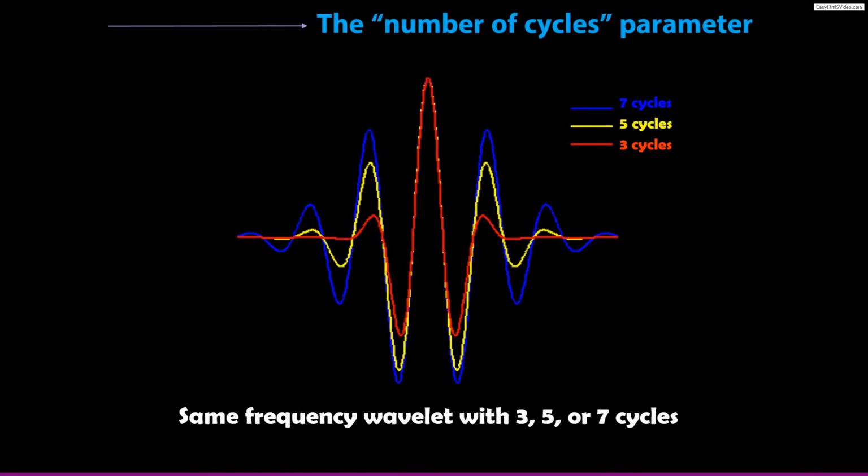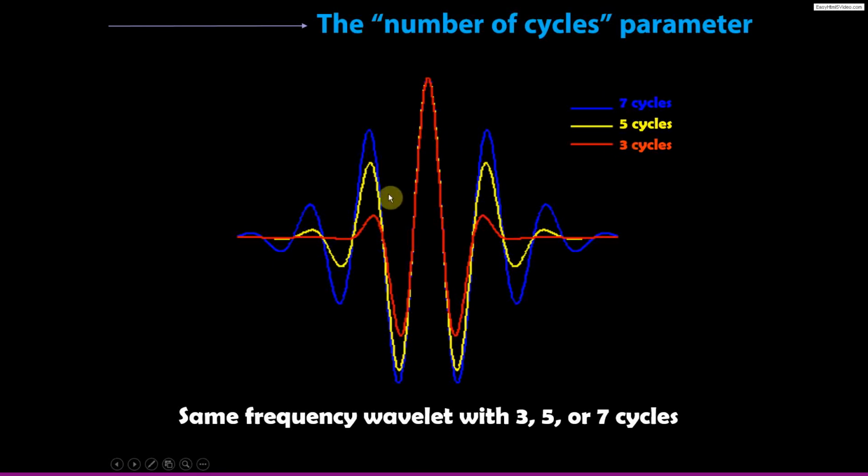To think about how the number of cycles affects the temporal precision of the results, it's useful to think about wavelet convolution in the time domain. At each step in the time domain, we have the EEG data lined up here with these wavelets. Now think about computing the dot product, and let's just think about the 3-cycle versus the 7-cycle wavelet.